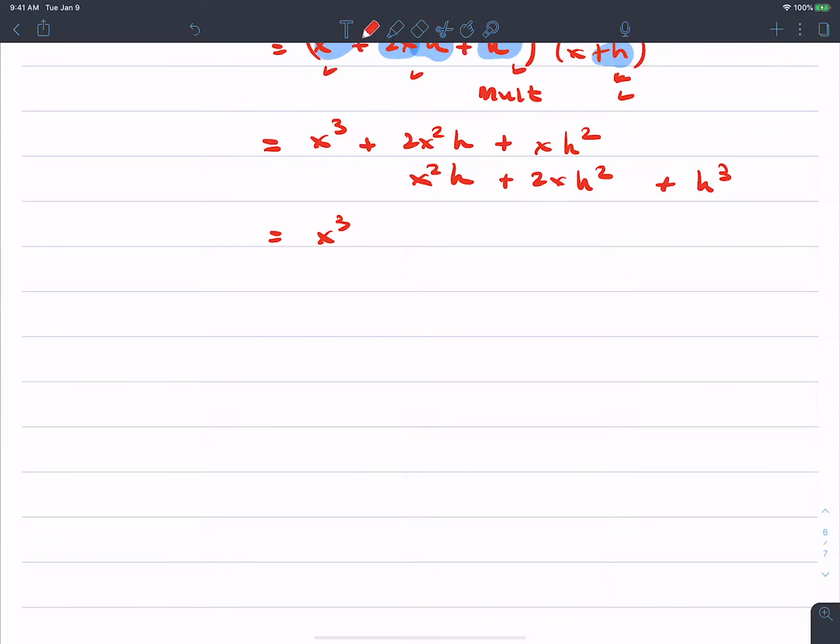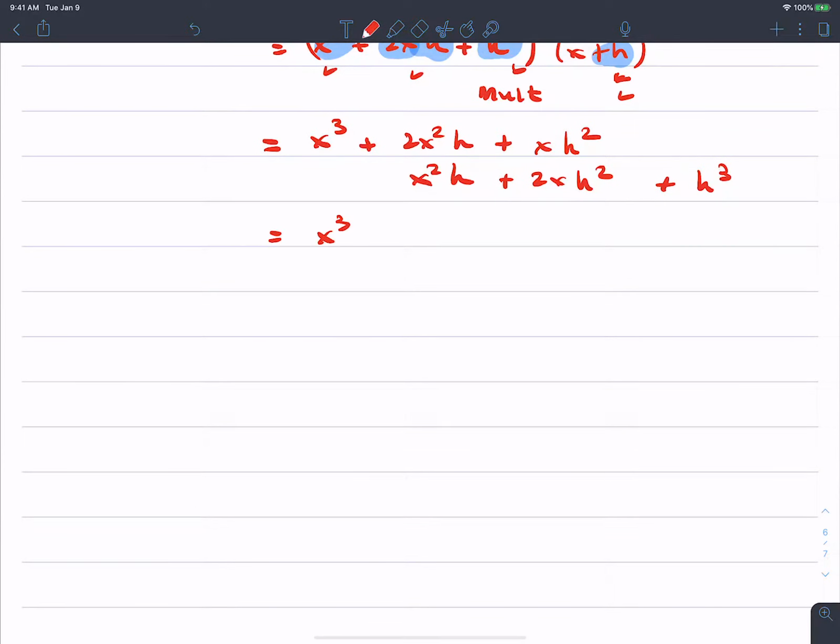Now you say, what do I do with that? Well, that goes right up in here, okay? So all those terms, by expanding using algebra, go up there. Then, of course, we're going to subtract this x cubed from it. So you say, is this going to be x cubed plus 3x squared h plus 3x h squared plus h cubed minus that x cubed over the h.